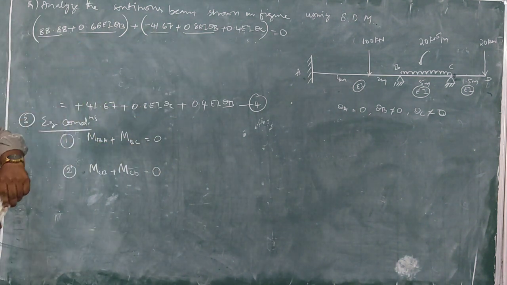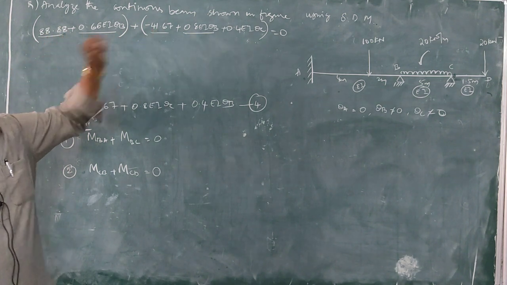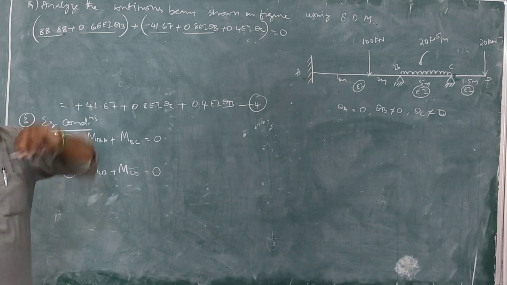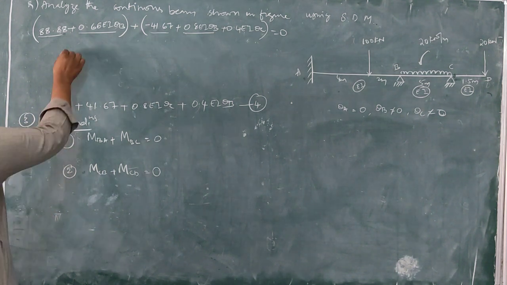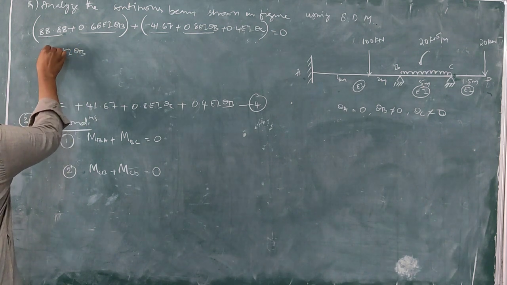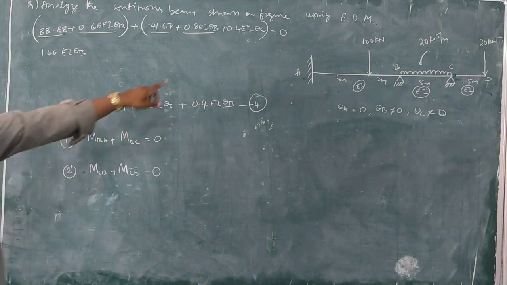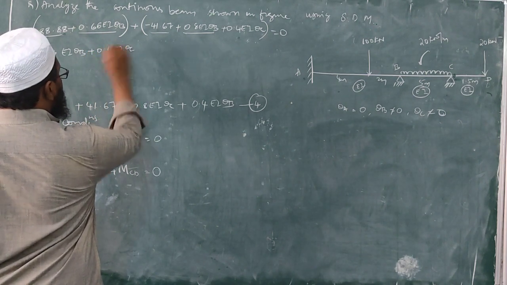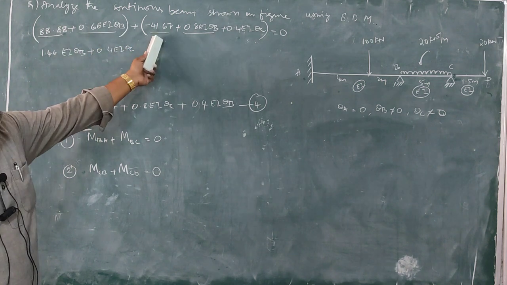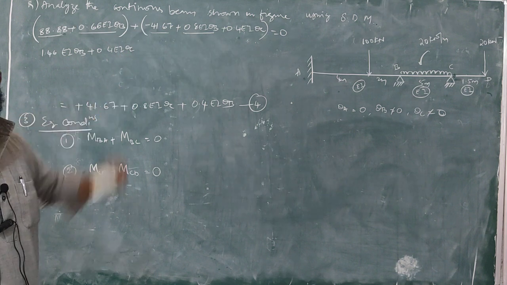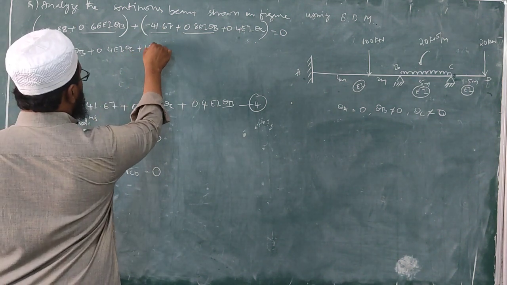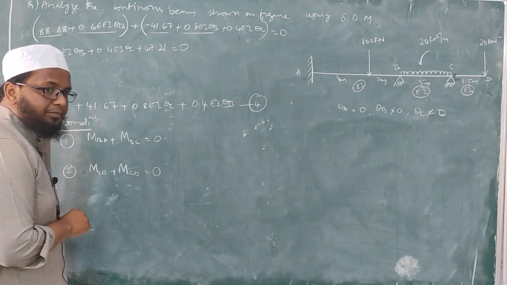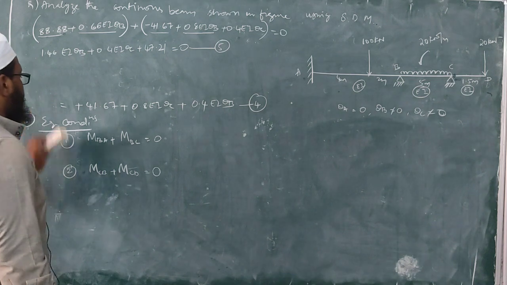So we can sum up these values, isn't it? 0.66 EI theta B plus 0.8 EI theta B, how much? 1.46 EI theta B. Now we'll go for EI theta C. We have plus 0.4 EI theta C. What about these two values? 88.88 minus 41.67 plus 0.21 equal to 0. Okay, we got equation number 5.